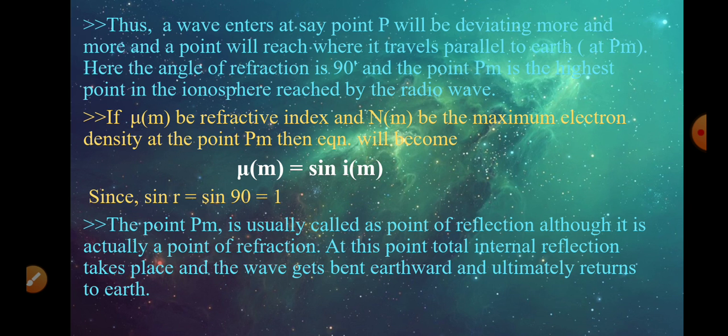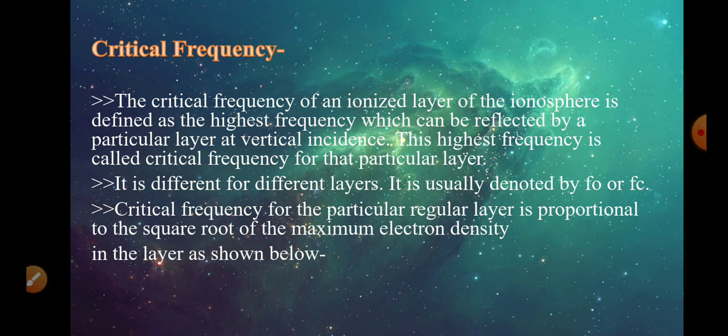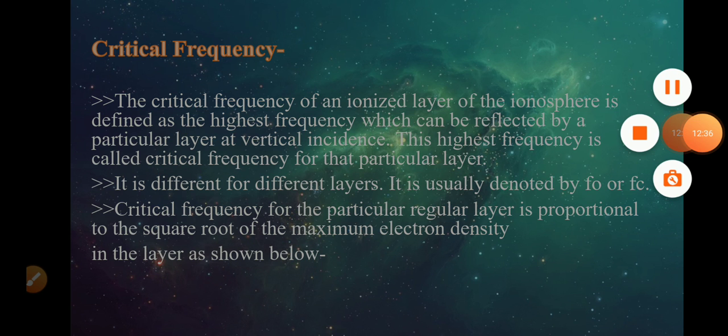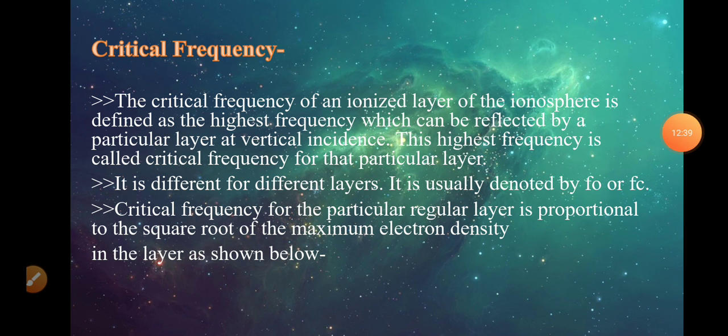Now coming to the next topic, that is the critical frequency. The critical frequency of an ionized region of the ionosphere is defined as the highest frequency which can be reflected by a particular layer at vertical incidence. By vertical incidence, we mean that the angle of incidence is 0, and the highest frequency is called the critical frequency for that particular layer.